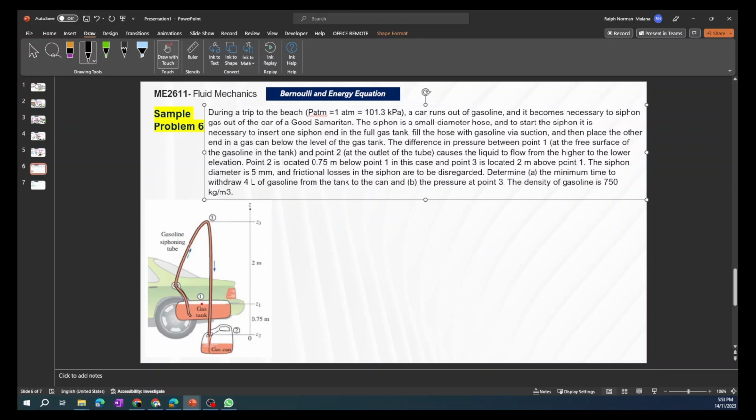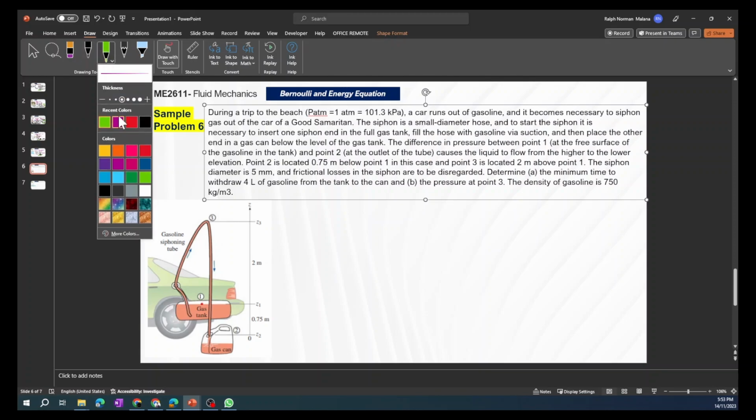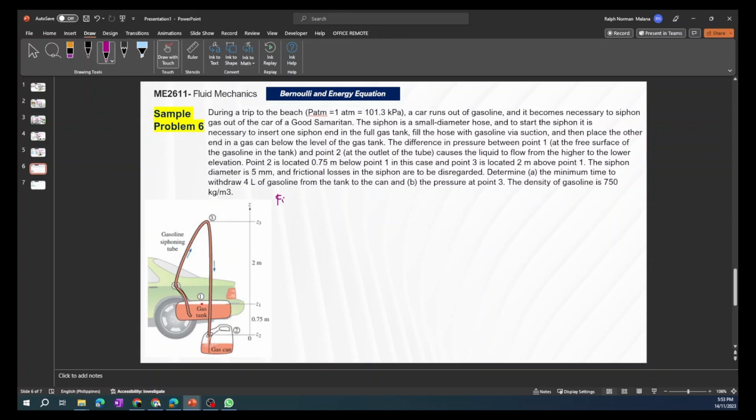So for here, let's start first with the required. We're here to find the minimum time. So we need delta time t, to fill in 4 liters, and B, the pressure at point 3. So this is going to be in kPa.